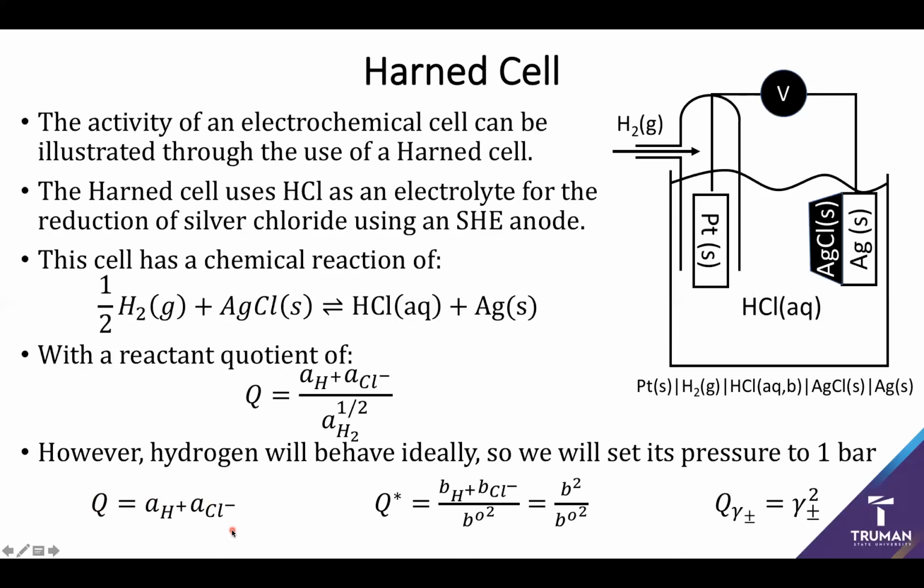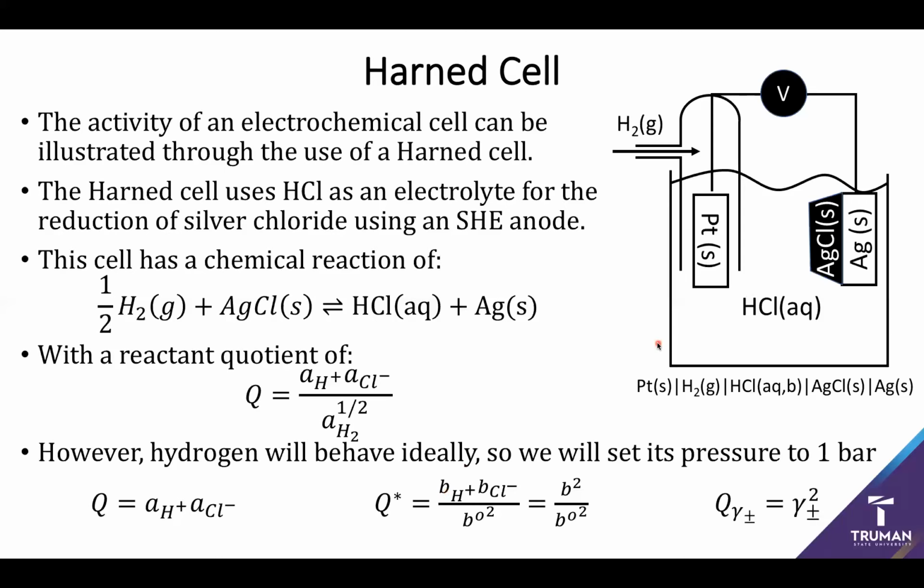And then when you combine these two features together, what you'll notice is we can go ahead and split out this behavior into our ideal reaction quotient, at which point I'm going to treat those activities as molalities.